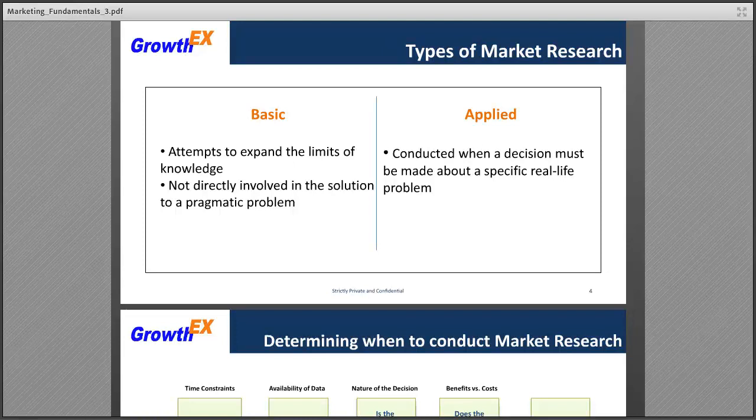One example of applied research could be: should McDonald's introduce Italian pasta to its menu in the Indian market? If you see, the problem is very specific.